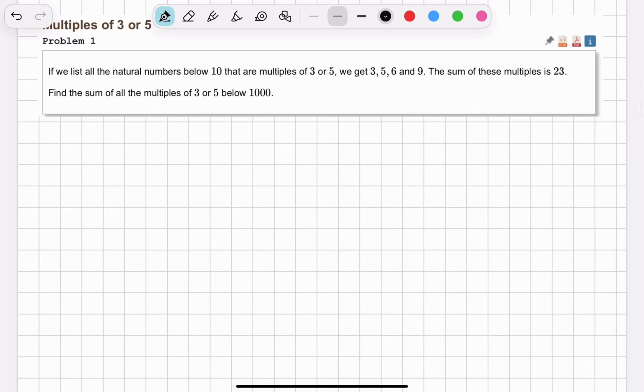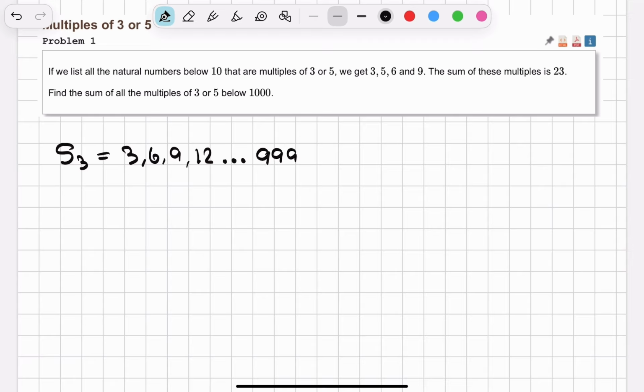Well, what this question is saying is that if you take the sum of multiples of 3, S3, we've got 3, 6, 9, 12, up until 999, with 999 being the closest multiple of 3 below 1,000.